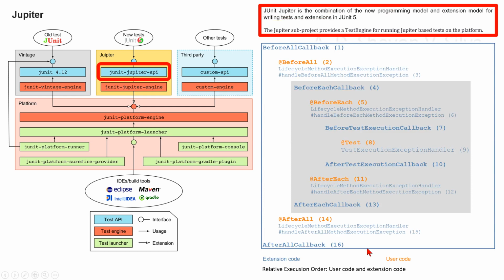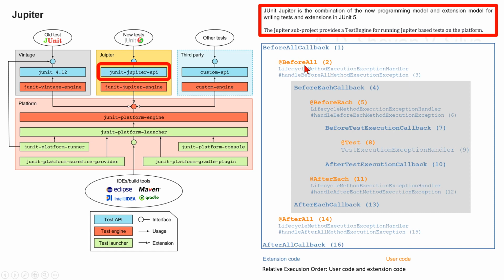Here you can see the relative execution order of the user code and extension code. This diagram illustrates the relative order of user supplied code and the extension code.